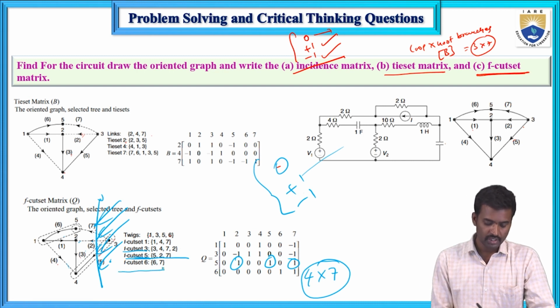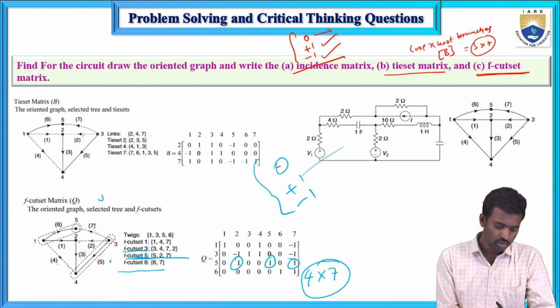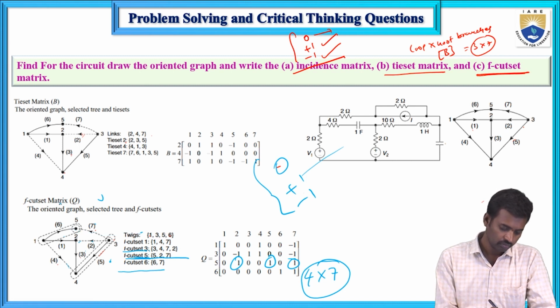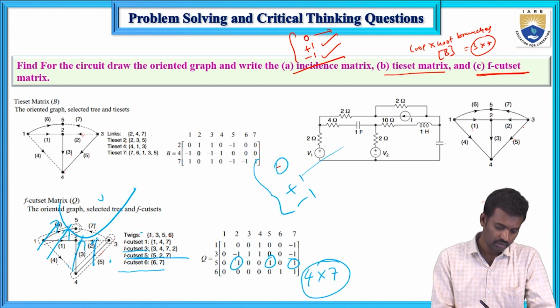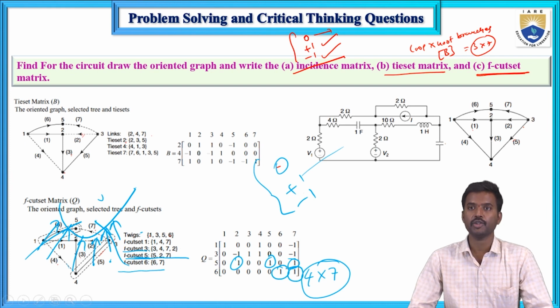And next, F cut set 6 direction means this one. So this direction should be like this. The 6th direction and 7th direction are the same direction, so plus 1 and plus 1.